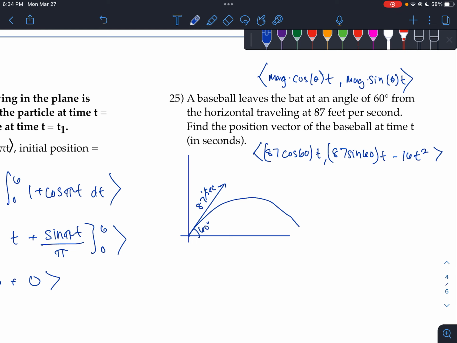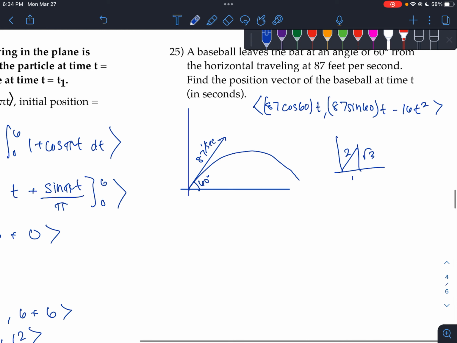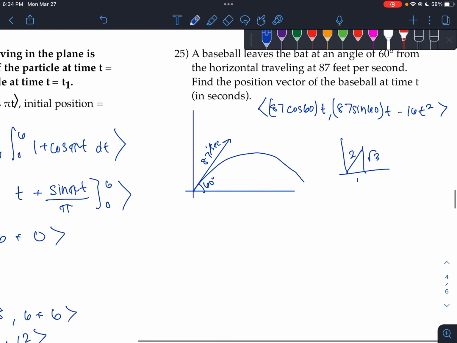And then, cosine of 60, so if you have your 60-degree triangle, this is 1, this is 2, this is square root of 3. So cosine is going to be 1/2. So your vector is going to be 87 divided by 2 t.